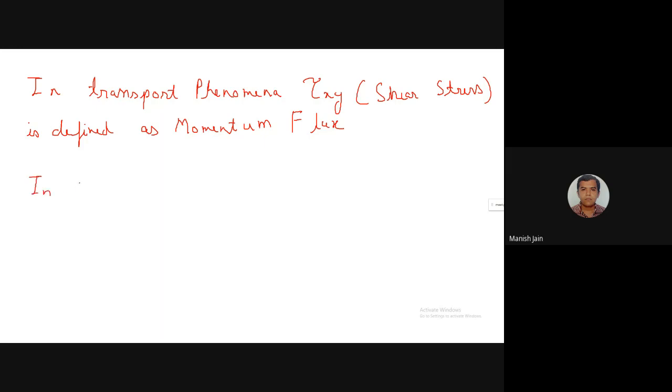So you understand why it is the friction force, because it is actually a friction force. Shear stress is nothing but a friction force.